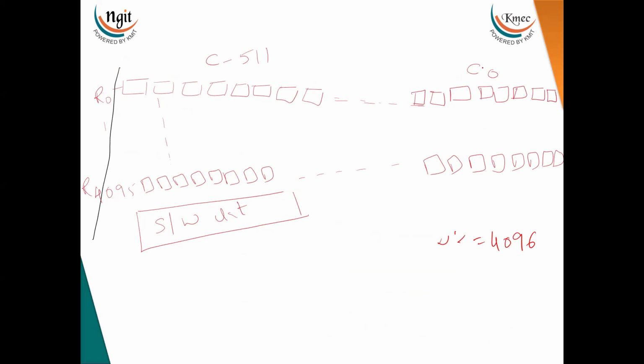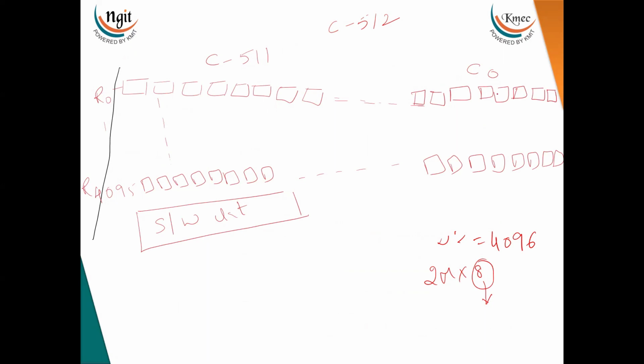If you see here, column 0 to column 511, we have a total of 512 columns, and each column is grouped as 8 bits, because the question gives 2 mega by 8, which means 8 bits at a time should be transferred.